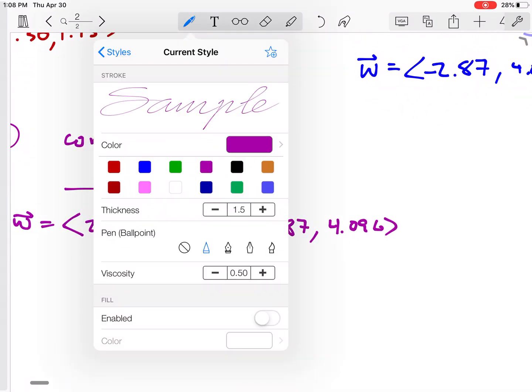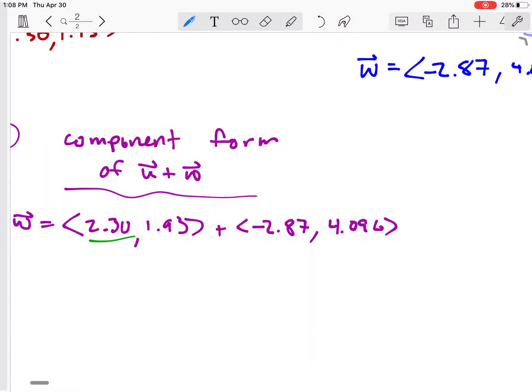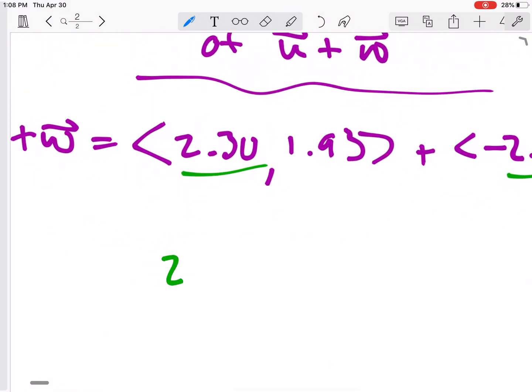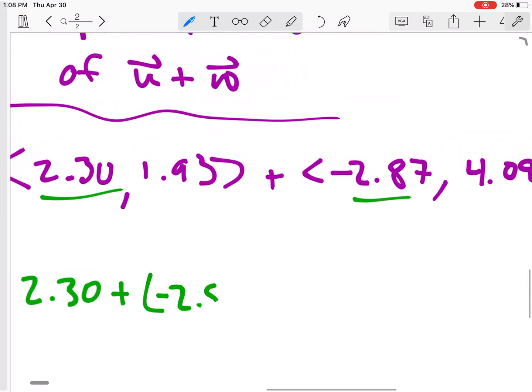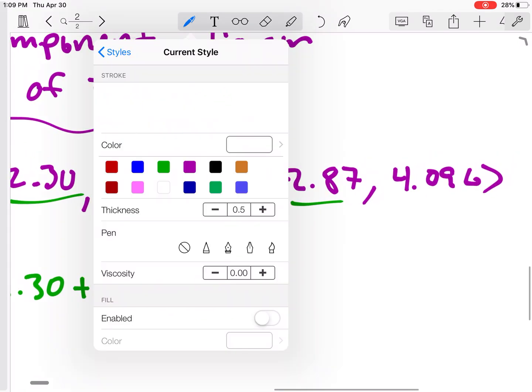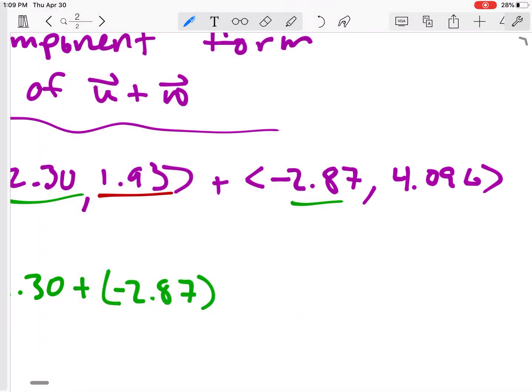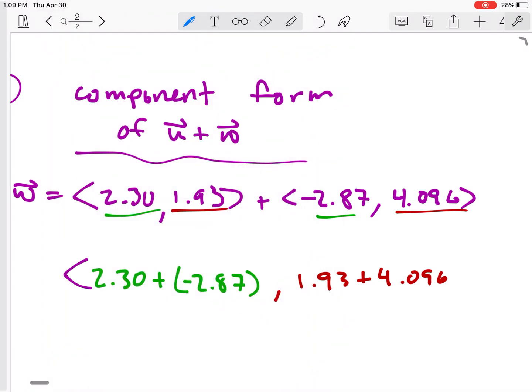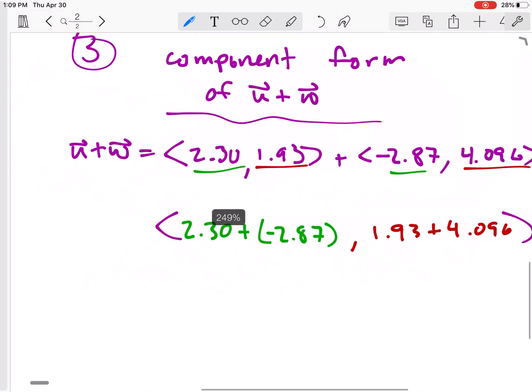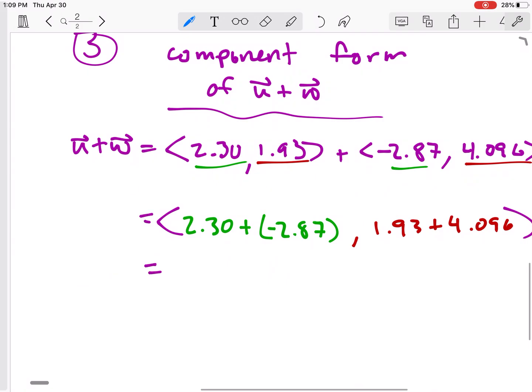Like I just mentioned, all we need to do is take these two horizontal components, combine those, 2.30 plus negative 2.87, and our two vertical components, 1.93 plus 4.096. And from there, we should figure out the component form of this sum.